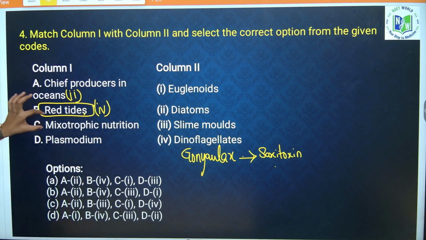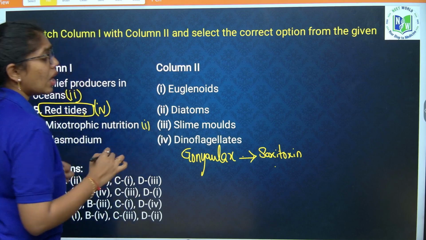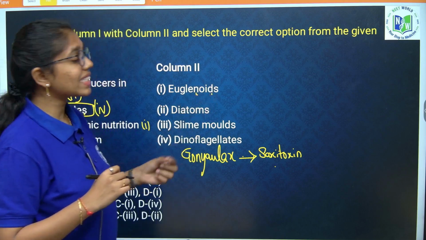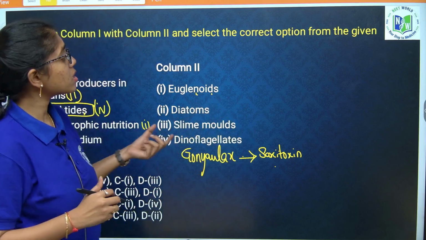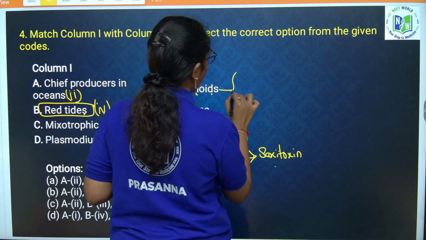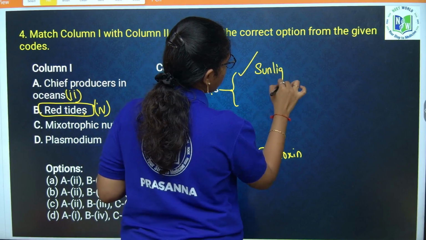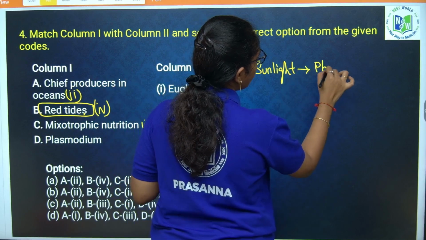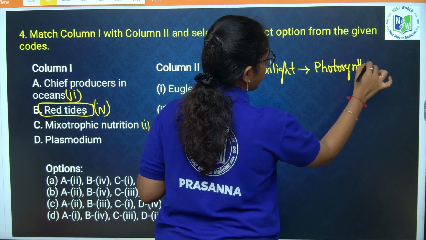Next, mixotrophic nutrition is seen in euglenoids. Whenever sunlight is present, euglenoids conduct photosynthesis. In the absence of sunlight, they act as saprophytes. During the presence of light, they are photosynthetic.